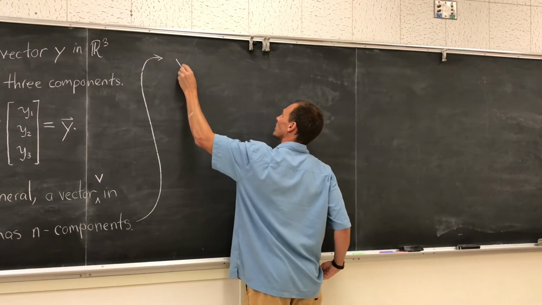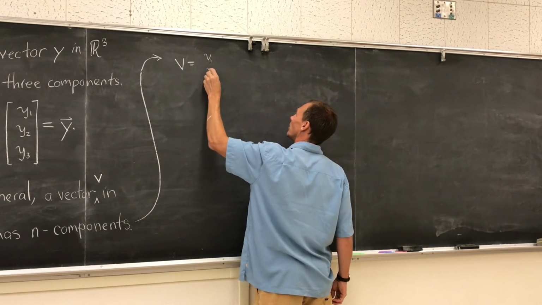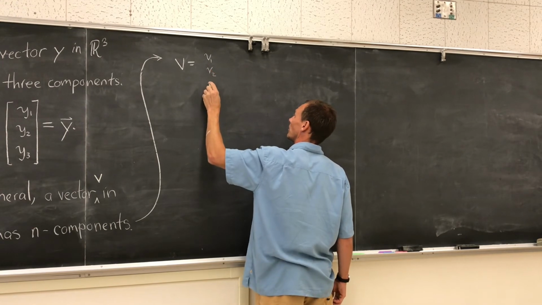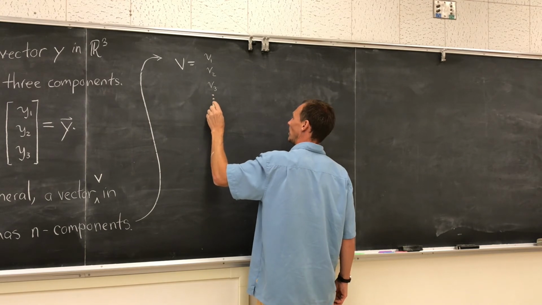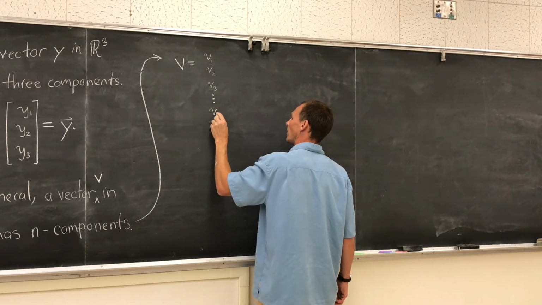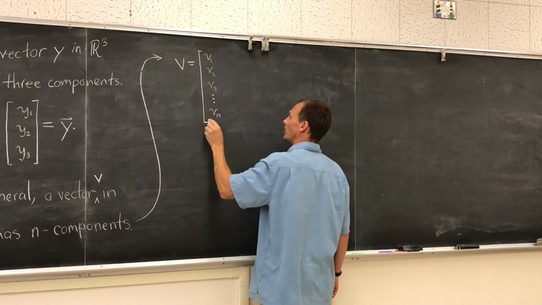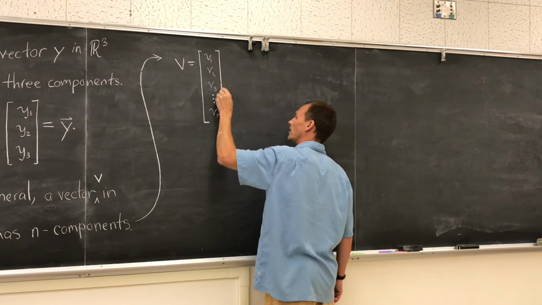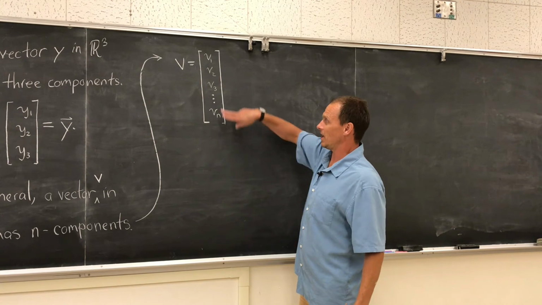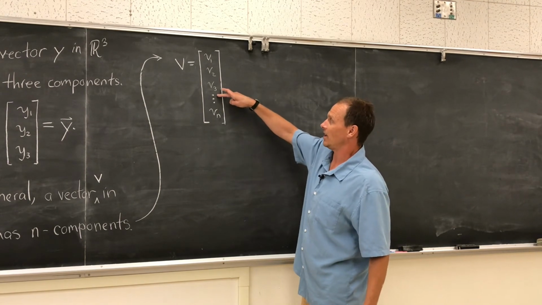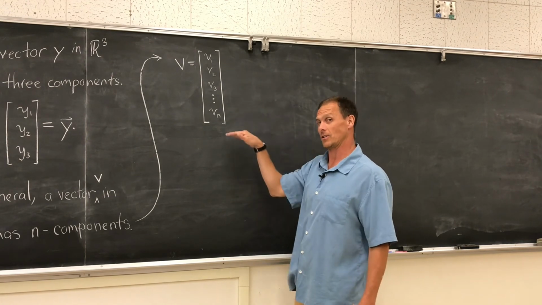So v would look like this. v equals, it would have a v1 component, a v2 component, a v3, but you could go to v4, v5, v6, as many as you needed to some final number. And that would be your n-dimensional vector. And those 3 dots, the ellipsis, just represent that if this was 10, I just didn't write v4 all the way down to v9. So the pattern would continue.